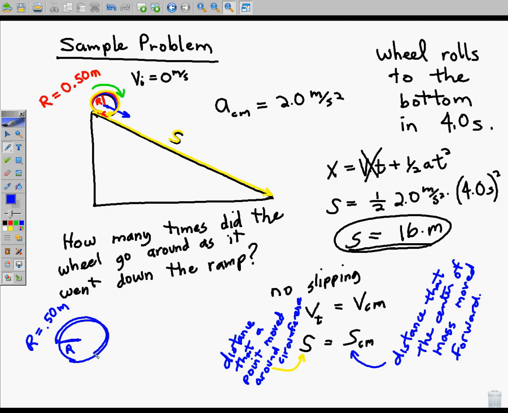The distance all the way around once would be the circumference, which equals 2 pi r. In this case it would be 2 pi times 0.5 meters, which is equal to 3.14 meters, pi meters.